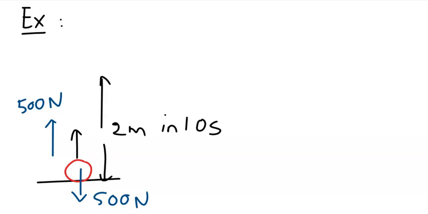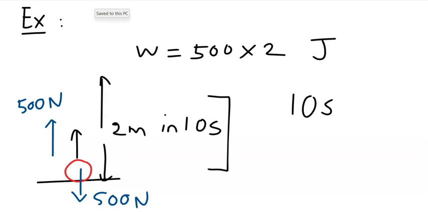And once you raise it vertically a distance of 2 meters, in 10 seconds, that means you have done a work to the amount of 500 times 2. So the amount of work that you have done is 1,000 joules. So this 1,000 joules of work is accomplished in a period of 10 seconds.